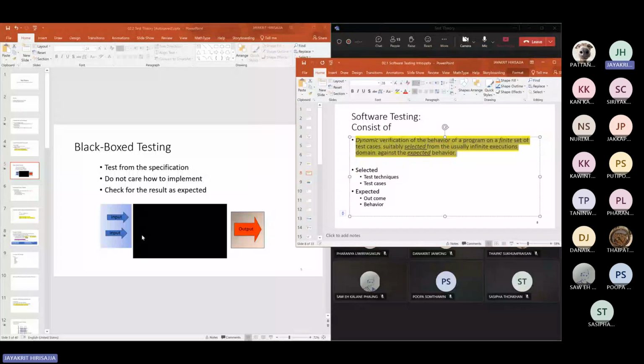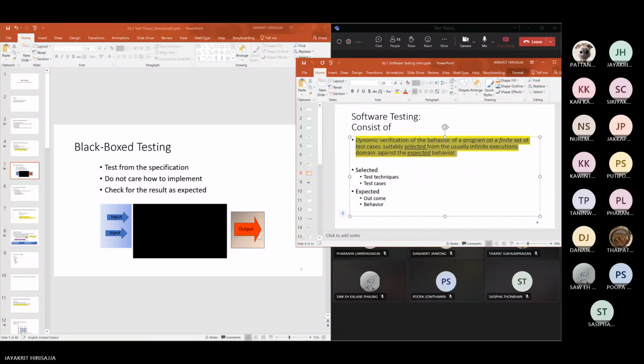This is the testing idea: ideally we should provide every possible input into this box, and this box should give out the output that we expected.